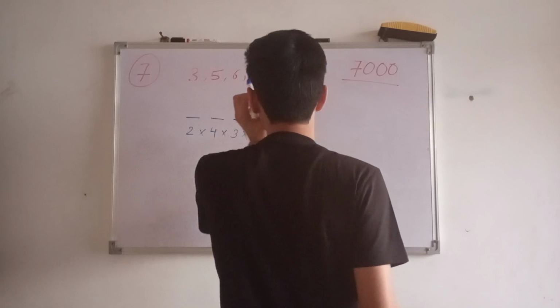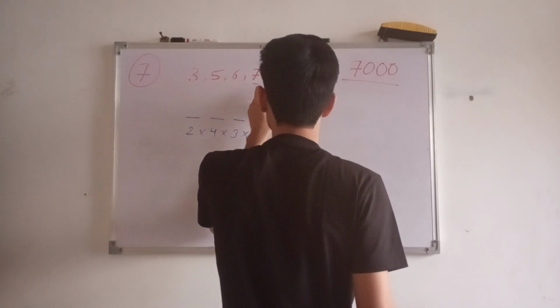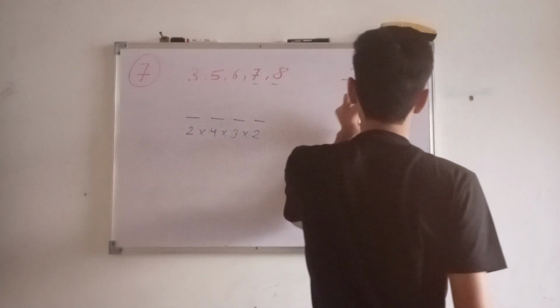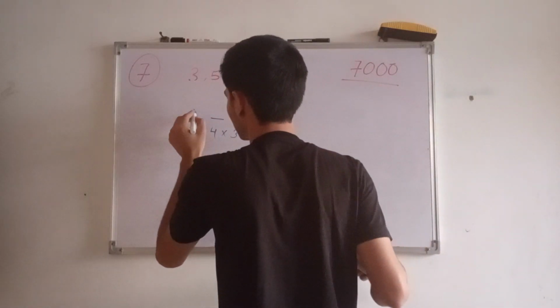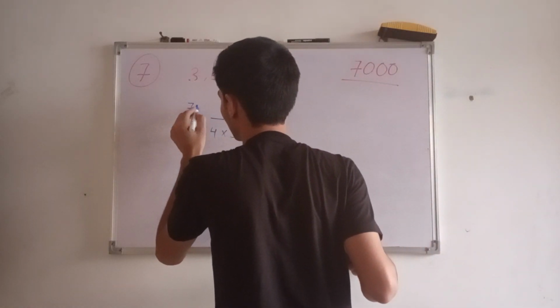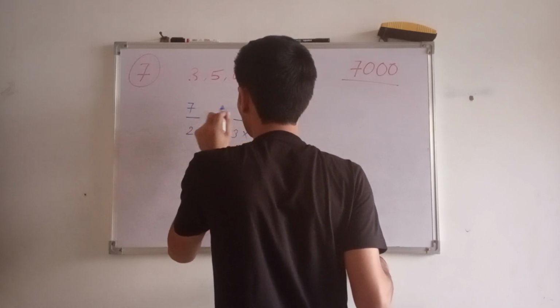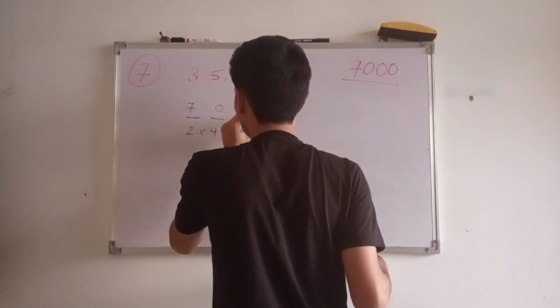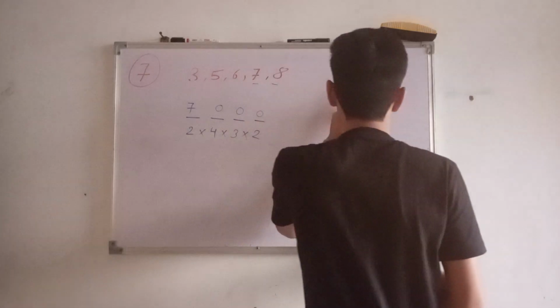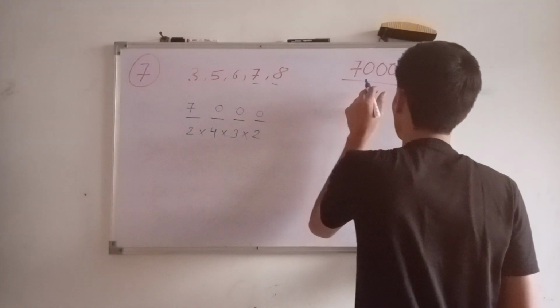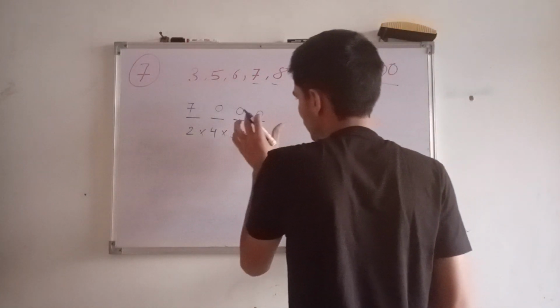You might be thinking, what if the first term is 7? If the first term is 8, then it will always be greater than 7000. Now consider the case when the first term is 7. When can it be less than 7000? Only when all 3 terms are 0, then it will become equal to 7000, so that case won't be considered.